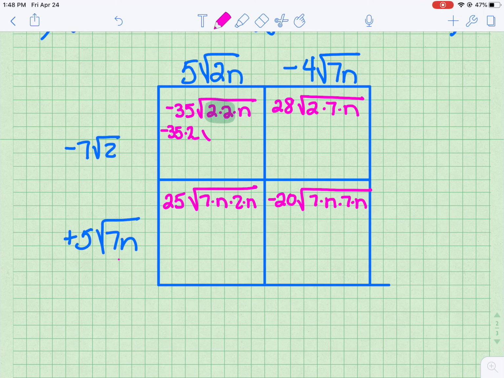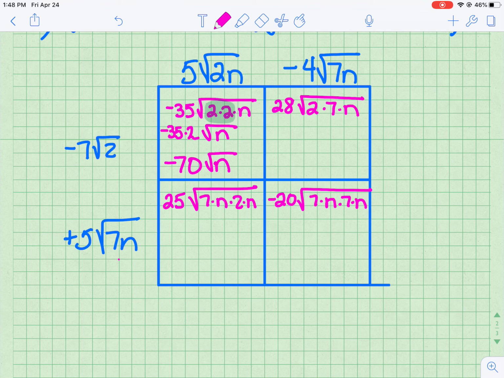We're just simplifying this box. So what we have in this box is negative 70 root 2. That's not right. What did I do wrong? Oh, the n is left behind, and we're supposed to put the n. Yeah, there we go.